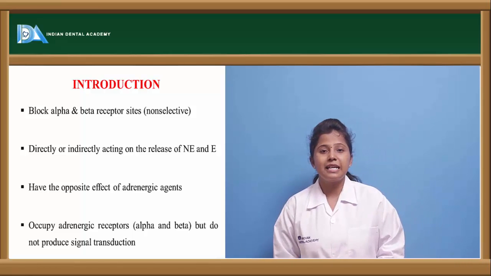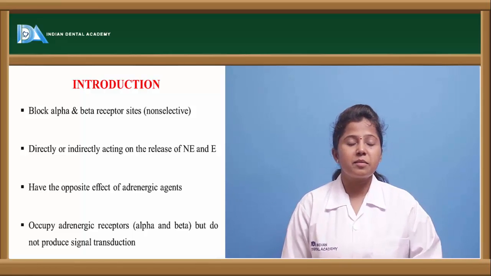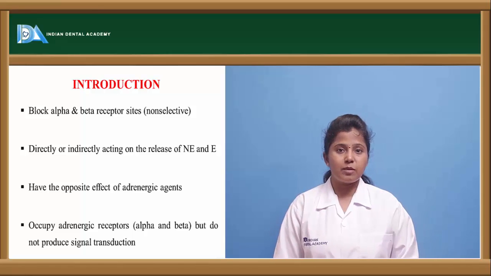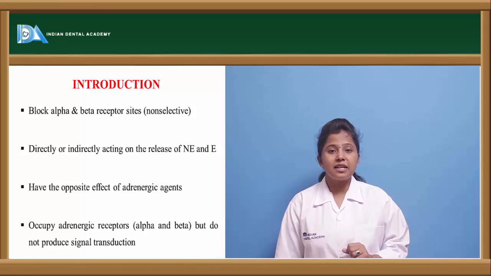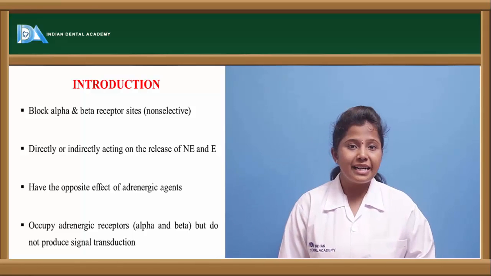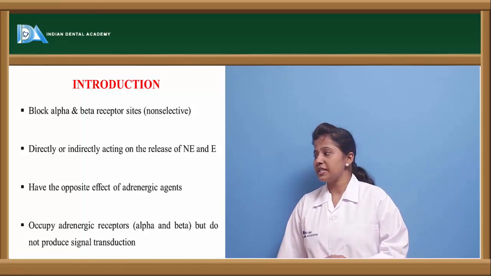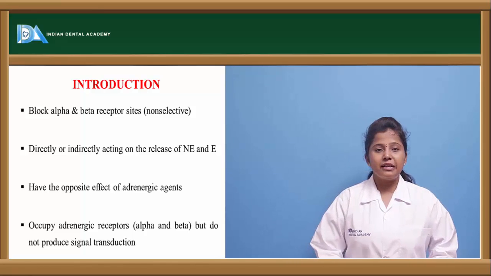When coming to central nervous system dopaminergic receptors, these are blocked by antiemetics, tricyclic antidepressants as well as various other drugs.